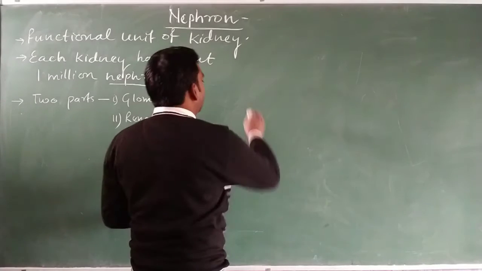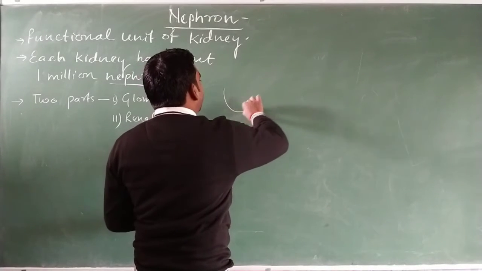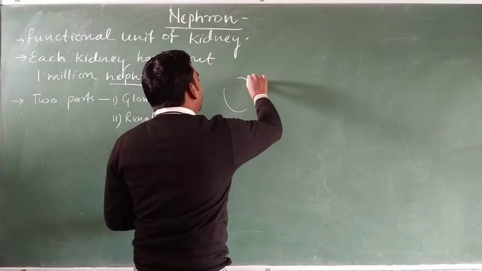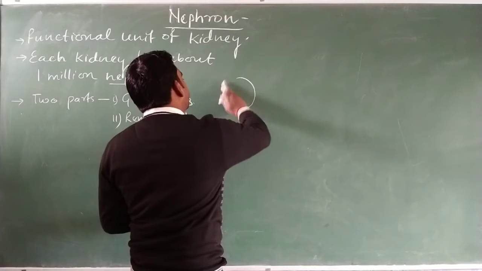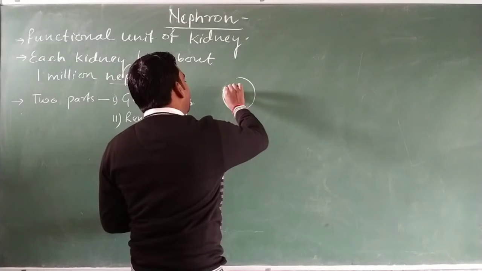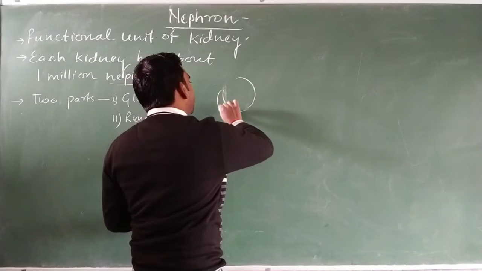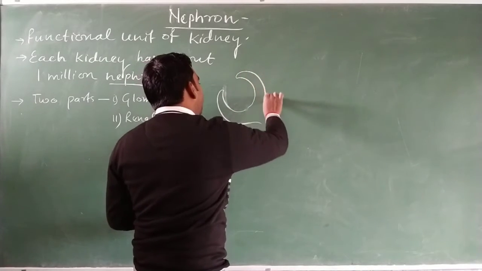So the structure of nephron consists of the primary part, which is a cup-shaped structure, and this cup-shaped structure is known as the Bowman's capsule.